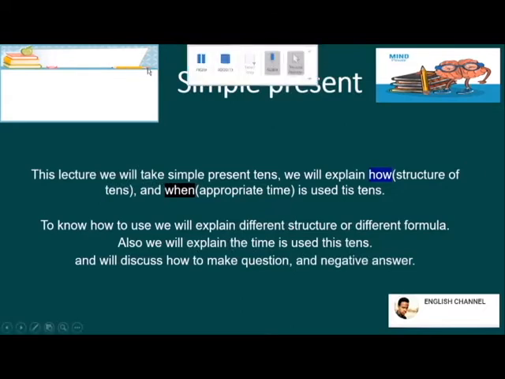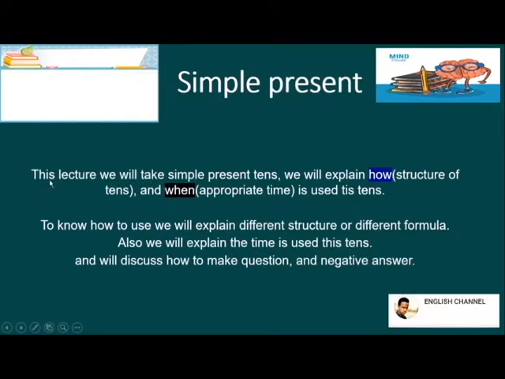Today we're talking about simple present tense. In this lecture we will take the simple present tense. We will explain how and when this tense is used. How to use it? We will explain the different structures, the different formulas of this tense.